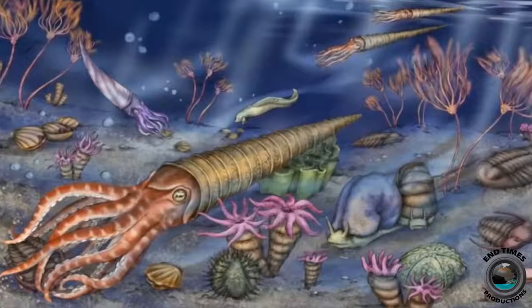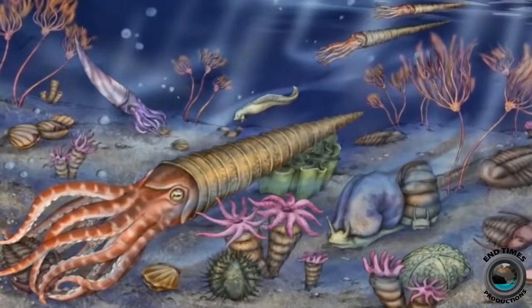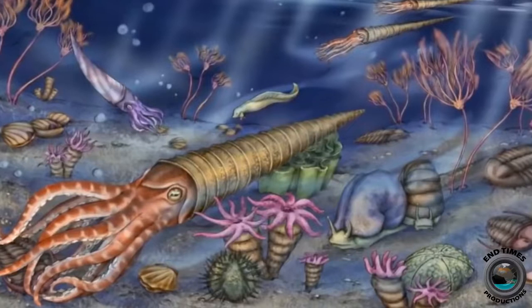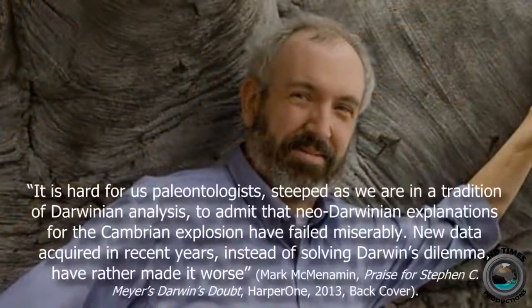Moreover, in regards to Darwinian attempts at answering the Cambrian explosion, paleontologist Mark McMenamin conceded, "It is hard for us paleontologists, steeped as we are in the tradition of Darwinian analysis, to admit that neo-Darwinian explanations for the Cambrian explosion have failed miserably. New data acquired in recent years, instead of solving Darwin's dilemma, have rather made it worse. Thus, one should be skeptical when evolution apologists claim the Cambrian explosion is not a problem."